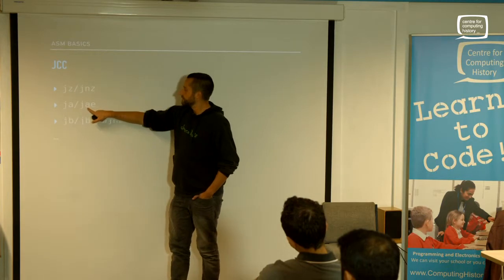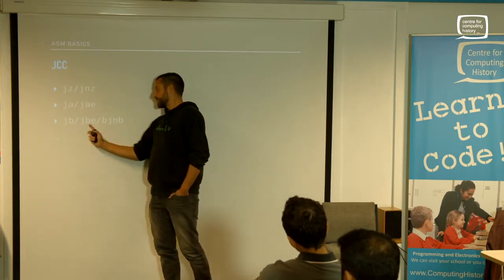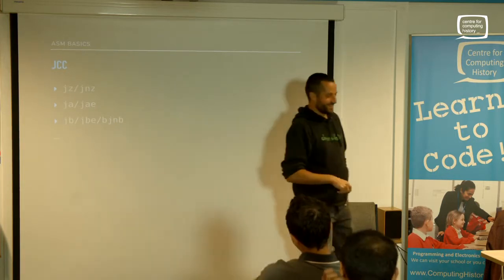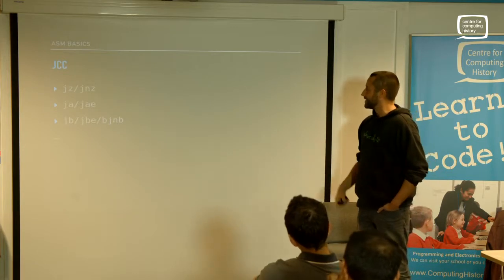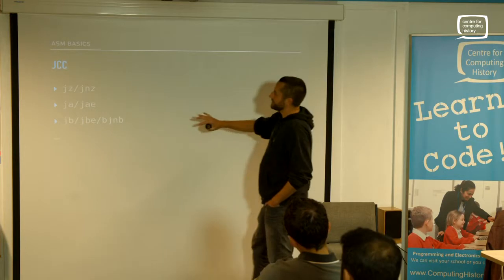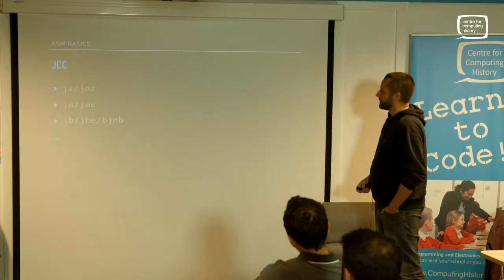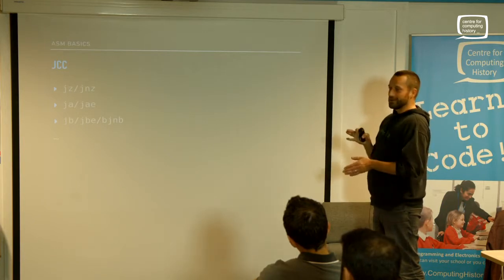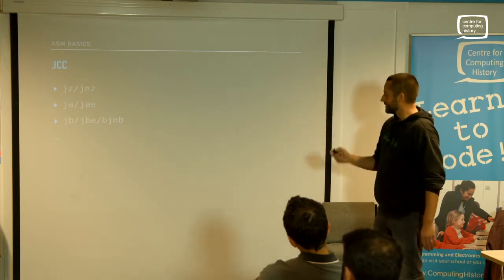Jump above or equal, jump below or equal, and I think this was auto-corrected to something else. I can't remember now. Or jump below and not equal, I don't know. But there's quite a large variety of conditional jumps, and they all start with J, and you can kind of extrapolate what the individual letters mean.